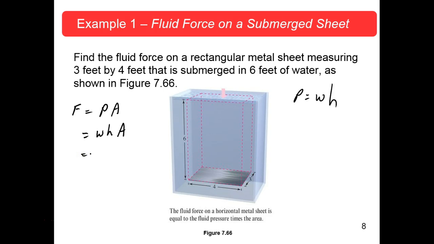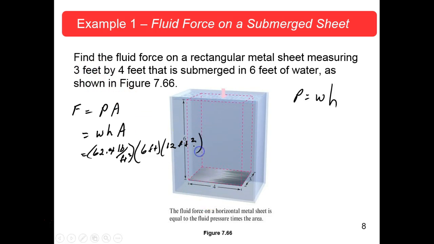Well, the weight density of water they gave us earlier, and we assume this is fresh water, not seawater. So that's 62.4 pounds per cubic foot times the depth of 6 feet times the area of 12 square feet, 3 feet by 4 feet.